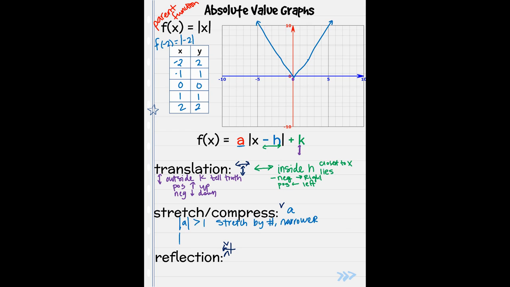And then the opposite is true. If the absolute value of A is less than 1, meaning it's some kind of fraction, it's going to be compressed by that number, and it's going to be wider.